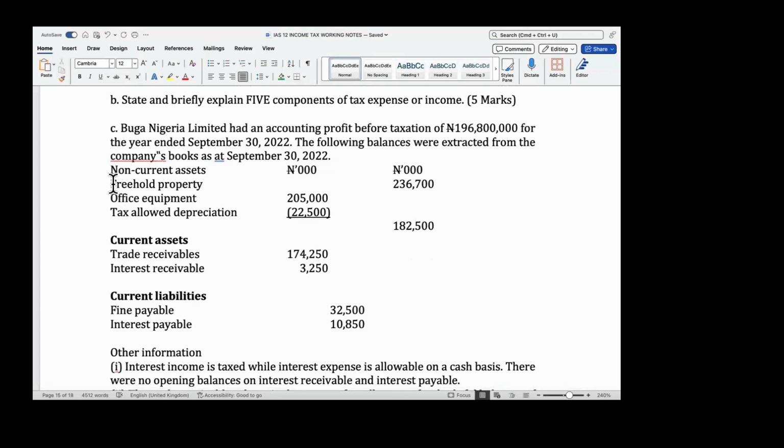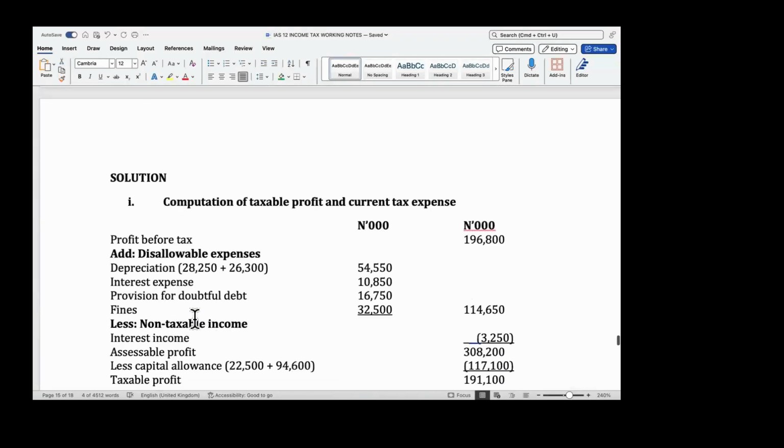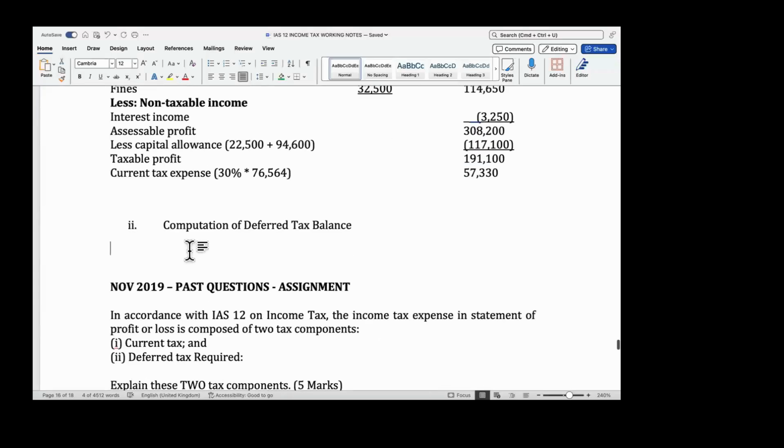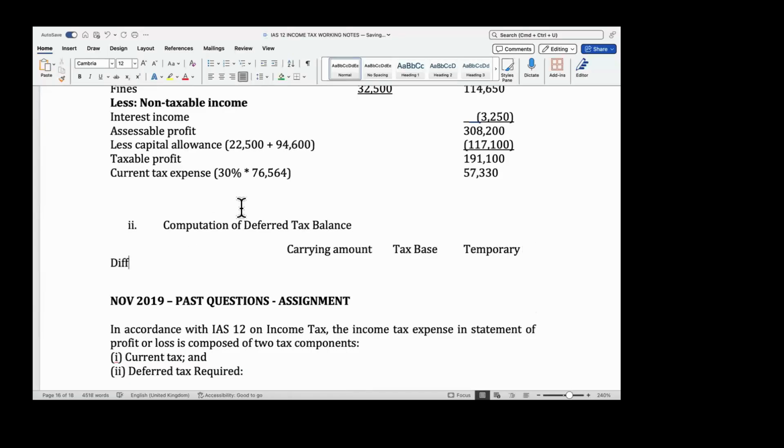It's determined based on the carrying amount and tax base of assets and liabilities. So the best way is to pick up these assets one by one and determine their carrying amount and tax base. We even do it in practice as well. I get my carrying amount, I get my tax base, I get my temporary difference.